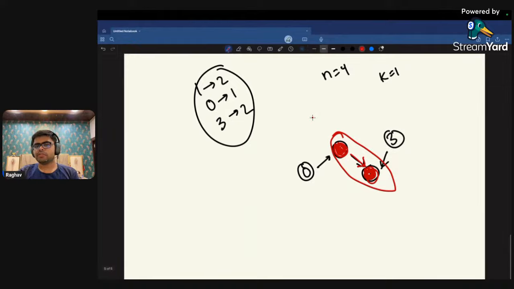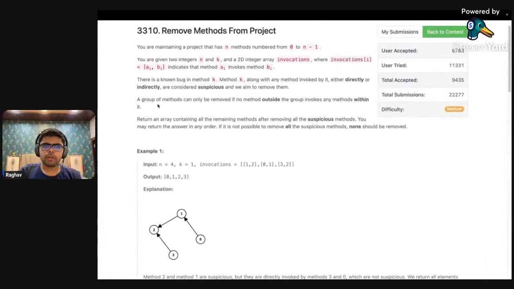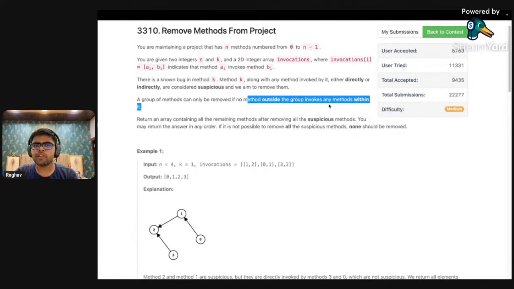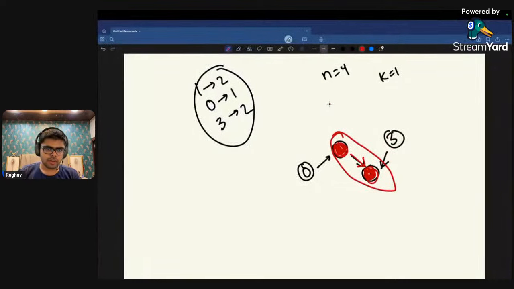The next thing we were told will now come into use: a group of methods can only be removed if no method outside the group invokes a method within it. So if we want to remove these two methods, there should be no other method in this complete graph which invokes either one of them.